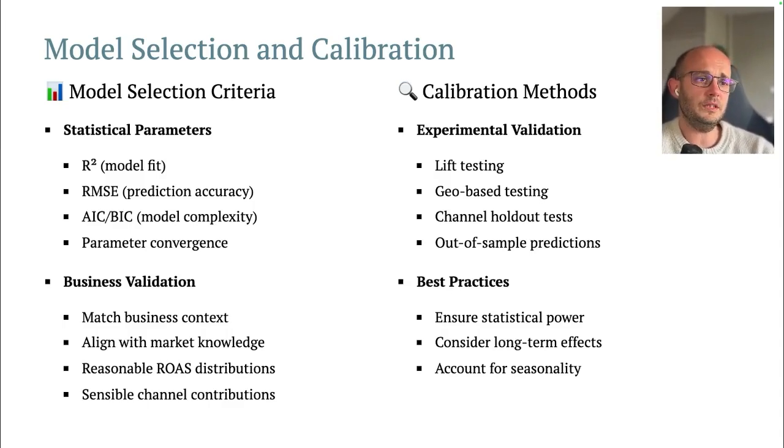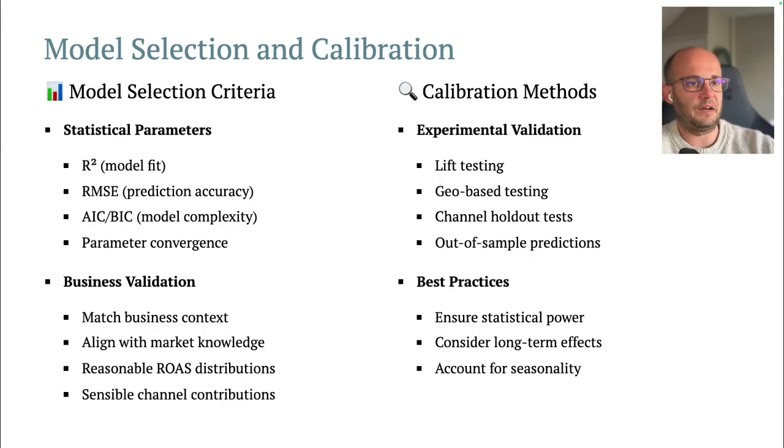And then comes the experimental validation, i.e., testing the model itself. You can do live testing, you can do geo-based testing, and basically what we're talking about here is you select geographies of your market and you decide to, for instance, stop specific campaigns or channels in specific geos, and you compare them with other geos.